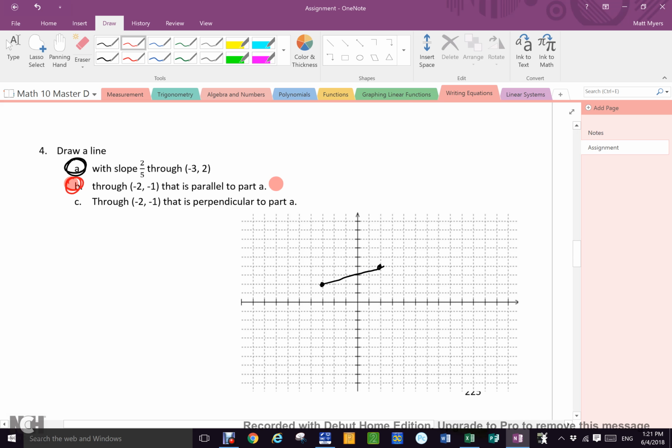Line B is parallel, but it must go through negative 2, negative 1, up 2, over 5. And then line C is perpendicular through negative 2, negative 1, which is right here. And it must go down 5 and over 2 to create that line.